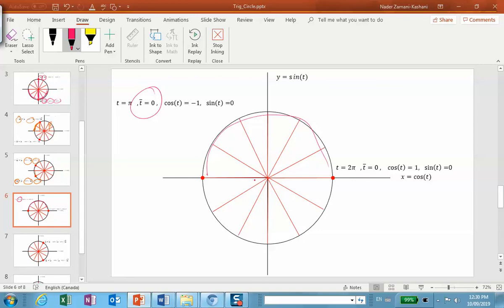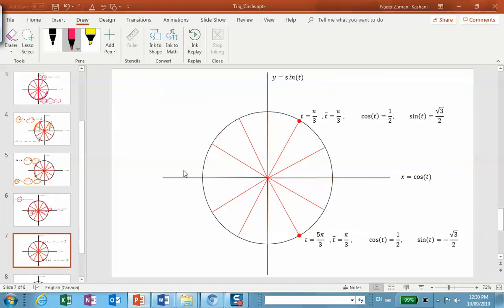So obviously cosine of this value of t is the distance along the x direction, which is -1, and the sine of it is 0. And by the same token over here, the distance along the x-axis for 2 pi is 1, so cosine of 2 pi is 1, and the sine of it is 0.